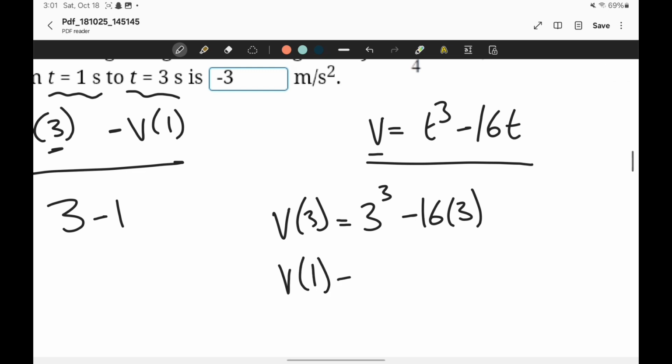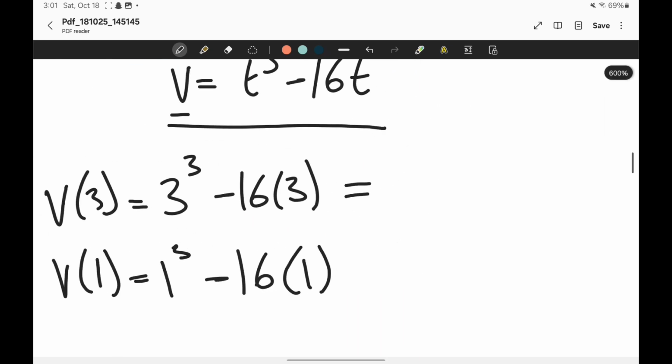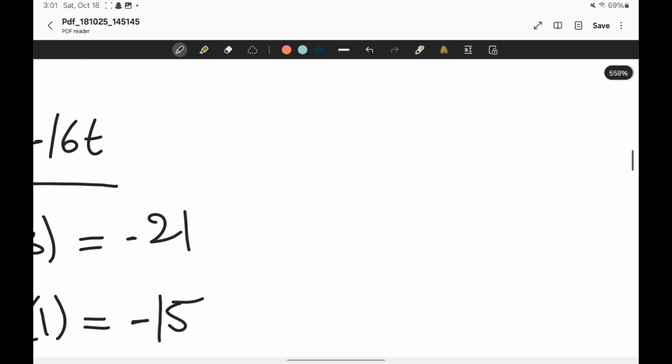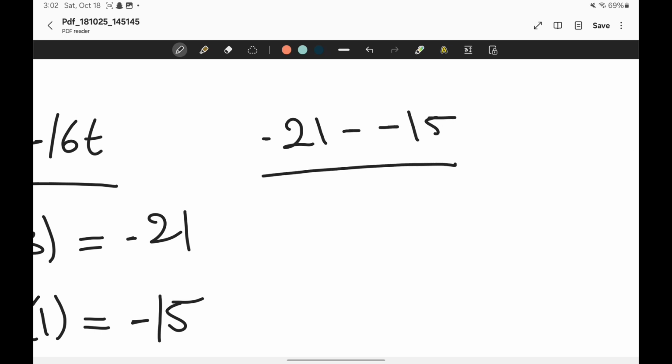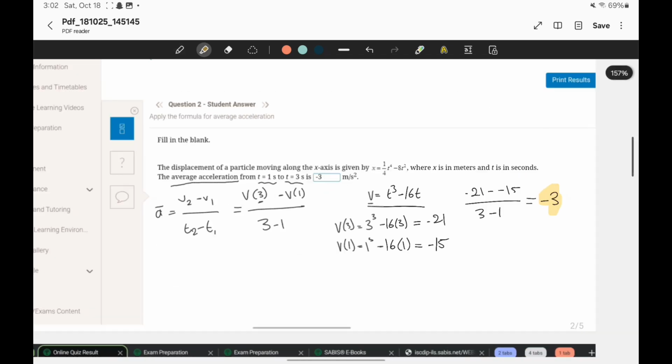So v1 equals 1 cubed minus 16 into 1. Here you get minus 21, and here you get minus 15. Now we put this back into our equation: minus 21 minus minus 15 over 3 minus 1. In the end, you get minus 3. And that's our final answer.